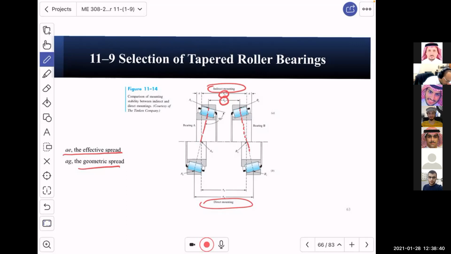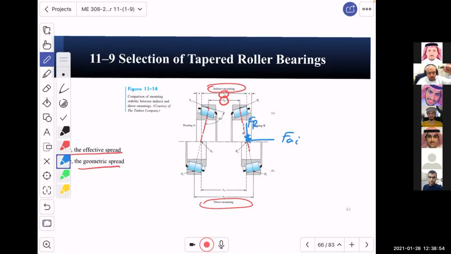Because the reaction, the induced load, FA induced, and the FR are going to be applied exactly at that point, the point between the axis, the middle axis of the shaft, and this line.